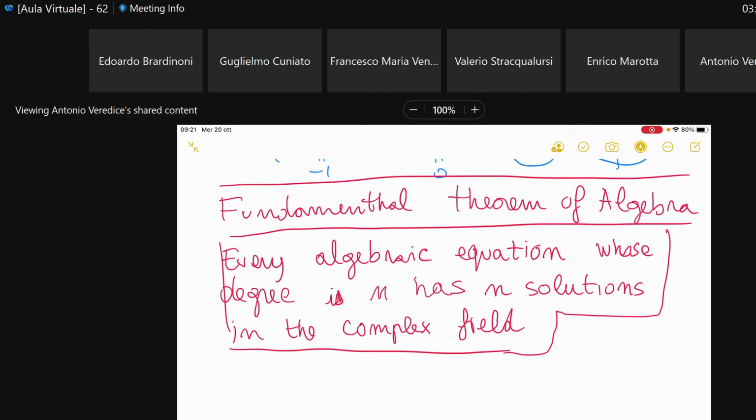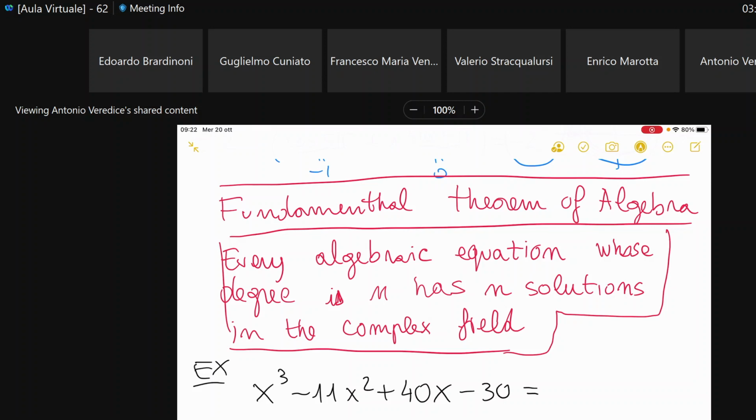Okay, so this means that if you consider the equation x squared minus, sorry, okay, so, let's use this equation as an example of the theorem. Let's consider this 3-degree equation. X to the 3 minus 11x squared plus 40x minus 30.